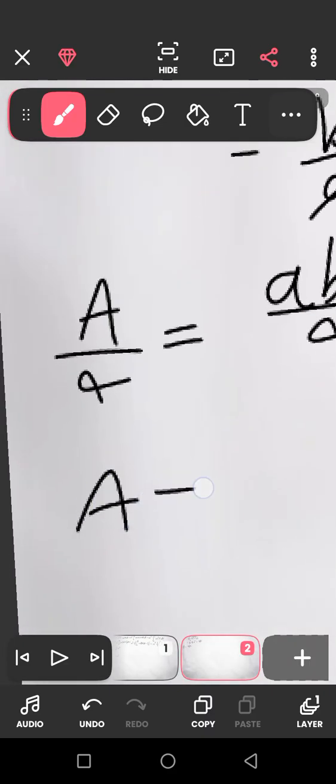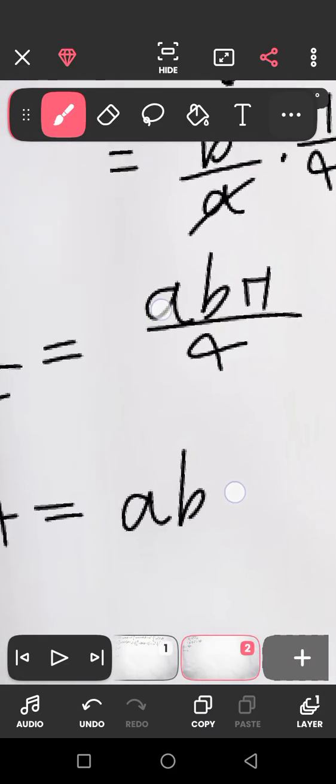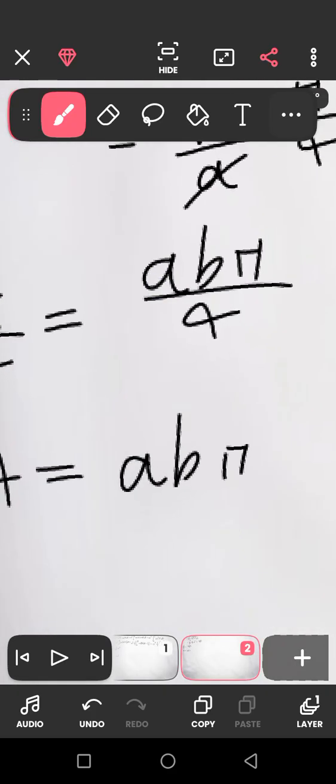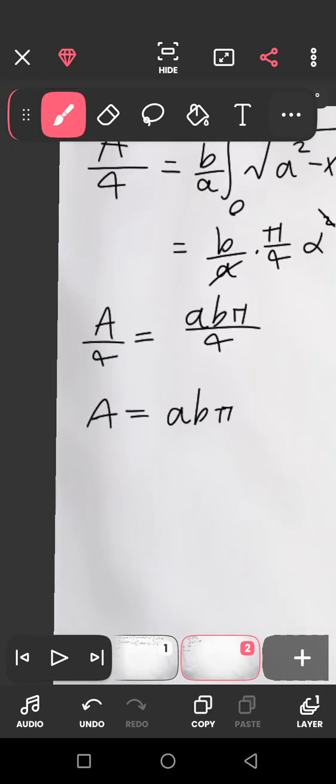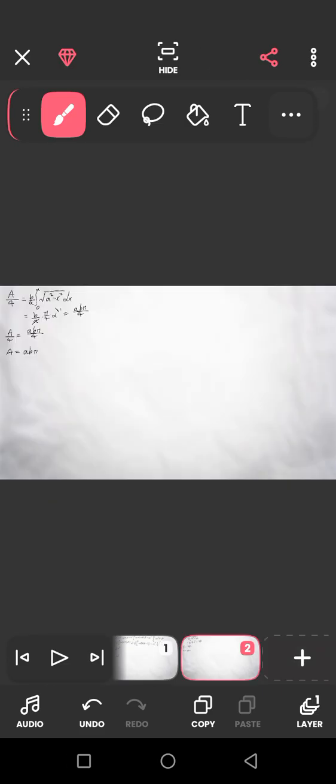So A will be a b pi. I meant area, not A, so capital A, or actually the area, will be a b pi. Well, that's it for the video.